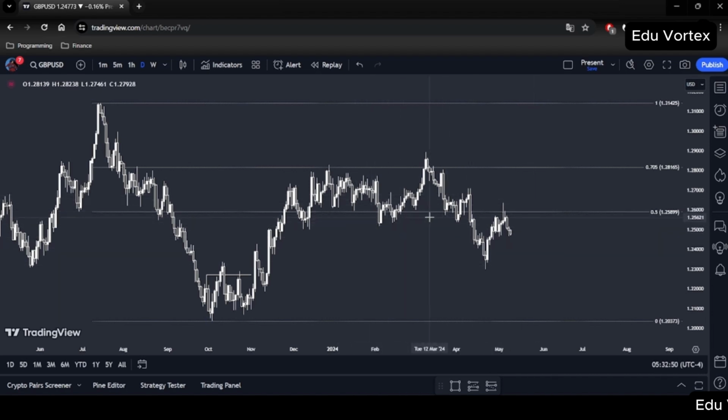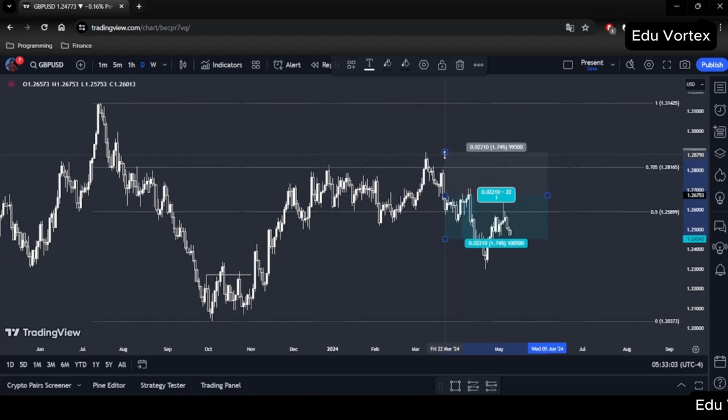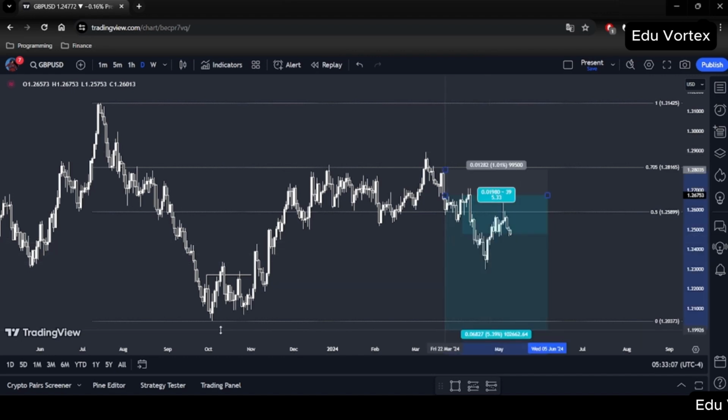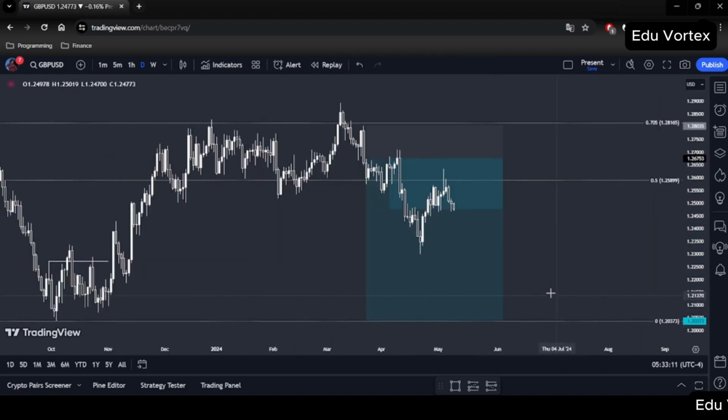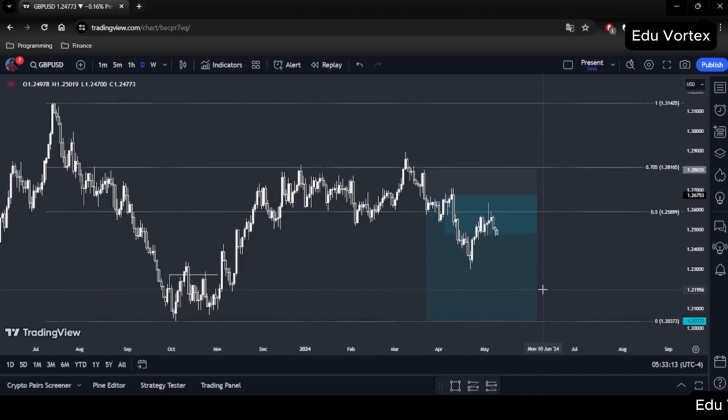Now, here it goes again, breaks the structure. You will have entered around here, for example, in the 50 with your stop loss here, and you were going to target this low, which in my opinion is going to be tapped because the structure is still bearish. It hasn't changed.